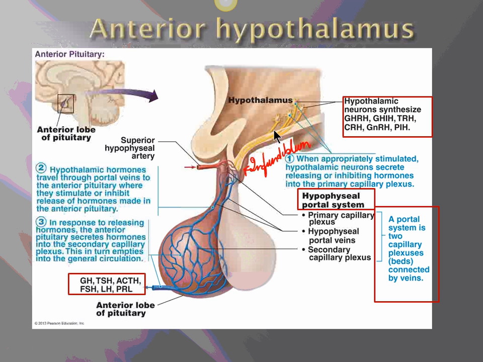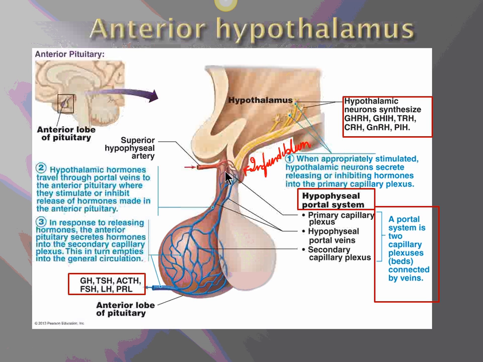You can see the neurons have these axons. The releasing and inhibiting hormones will travel in the axons, but they'll stop short right here, unlike the previous slide, where the axons went all the way up to the posterior pituitary. They stop here and release their hormones into capillaries which are present here.